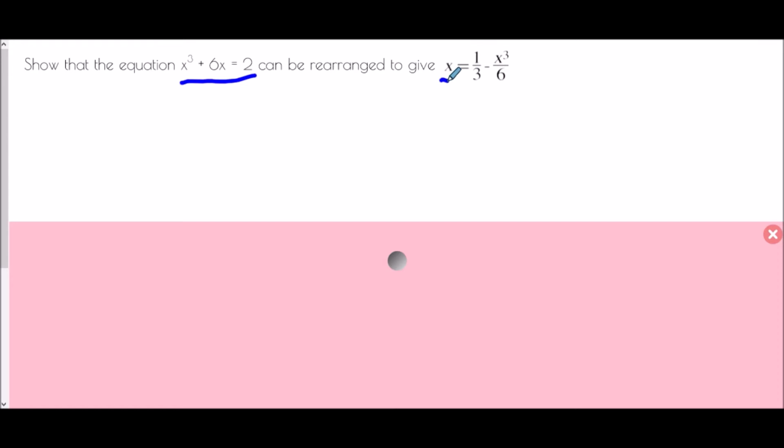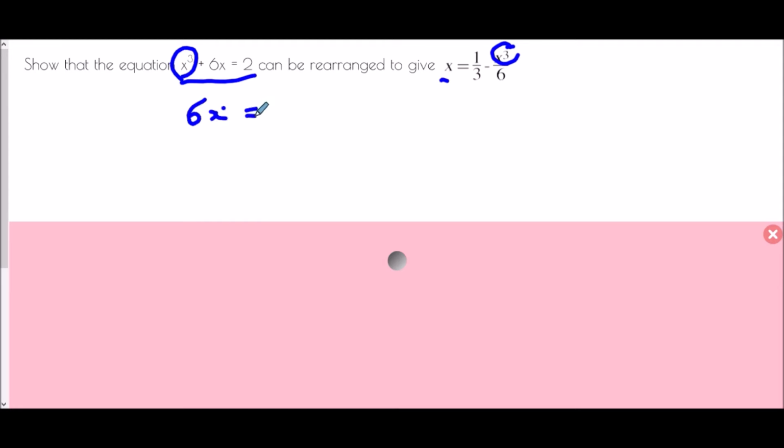But what we look for in the question, we're always given a clue as to how we are going to rearrange. Now if we have a look in the rearranged version, we have an x cubed on the right hand side. So that is a suggestion that as we are rearranging, we want to first get rid of this x cubed. And so the first thing I'm going to do is subtract x cubed from both sides.